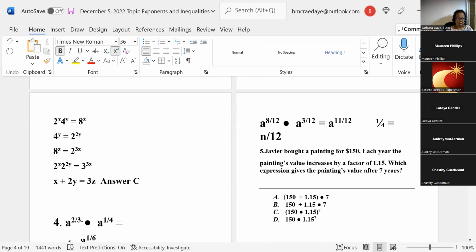Now, Chastity, this dot right here is multiplication. See, we use asterisk, we can use the dot. That means a to the 2/3 times a to the 1/4. So your rule for multiplication is to add the powers. Got it? Okay.